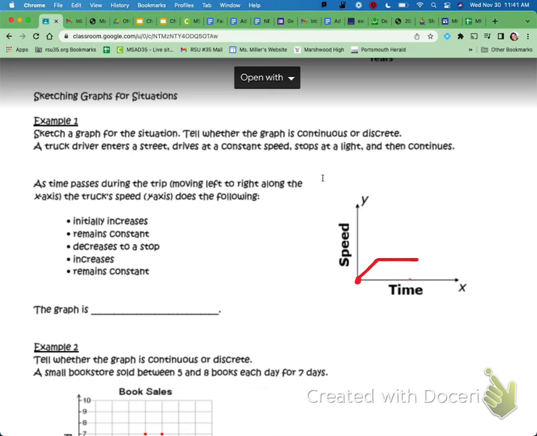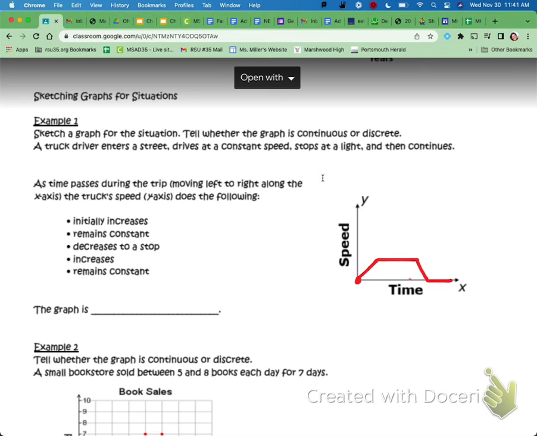And then he stops at a light. So now what's going to happen to my speed? It's going to decrease down to 0. And then when we stop at a red light, what happens? We stop for a little bit. So we have a flat line on our x-axis. And then now it turned green.